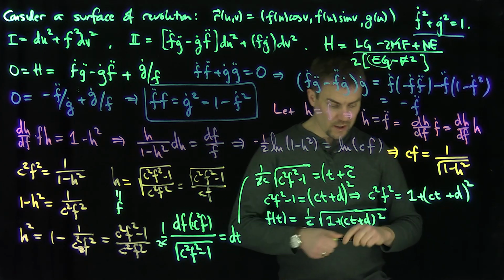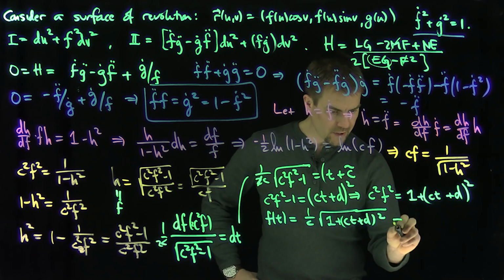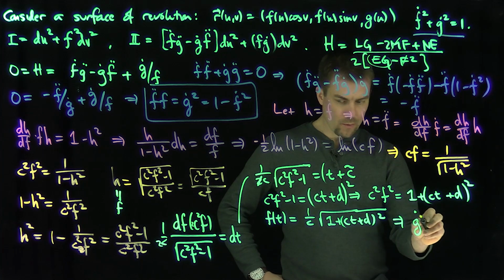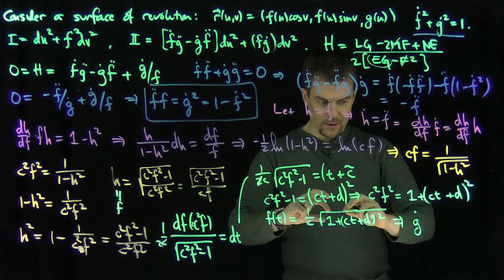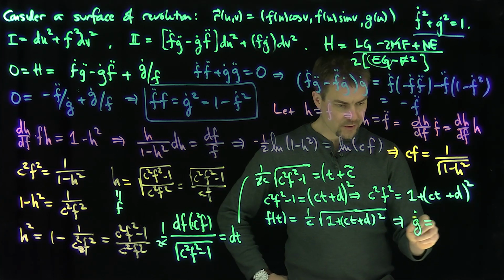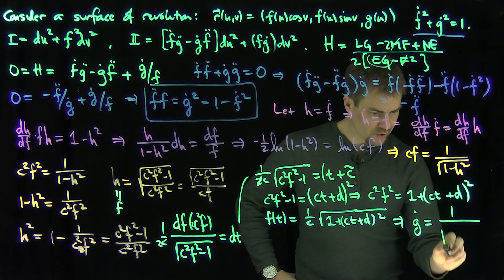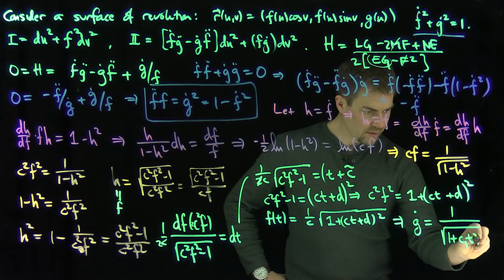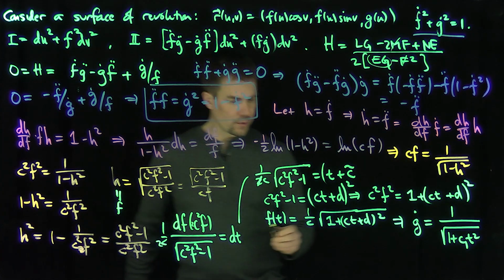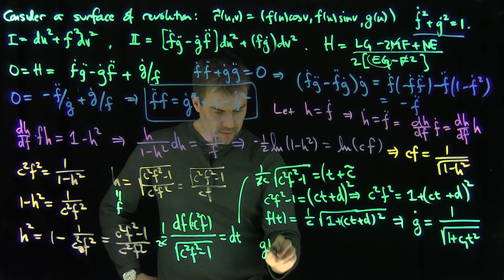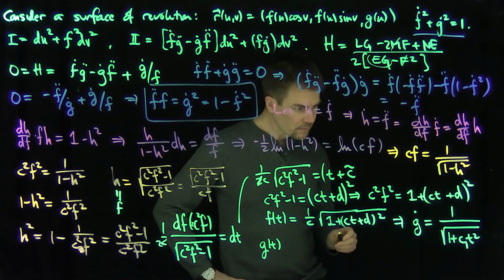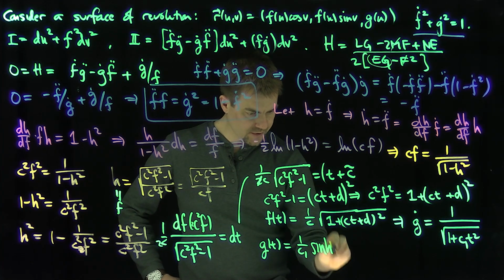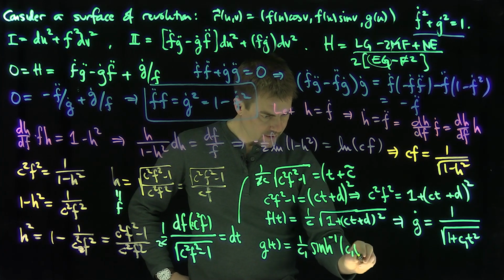And so now since g is an arclength parameter, we can show that g dot, by taking the derivative of this thing, we have in the denominator, and taking the square root, a 1 over the square root of 1 plus a modified constant (c t) squared, which is going to allow me to conclude that g of t is going to be 1 over c1 times the inverse hyperbolic sinh of c1 t.